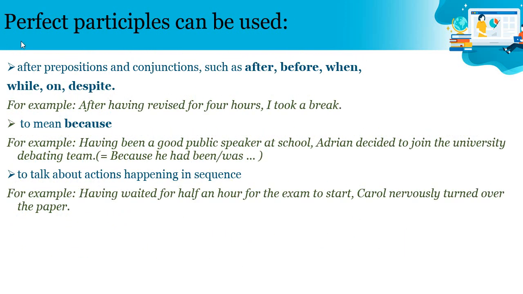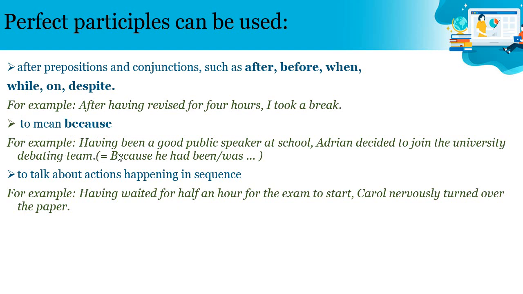Now look at perfect participles. Perfect participles can be used after prepositions and conjunctions, such as after, before, when, while, on, despite. Look at an example. After having revised for 4 hours, I took a break. And also, perfect participles mean the word because.